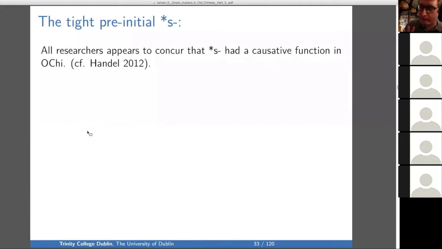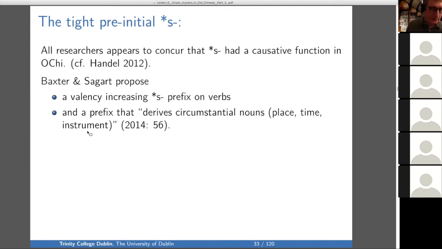now for morphological reasons. So all researchers appear to concur that S had a causative function in Old Chinese. I think I sent out this Handel article, but I certainly can if I didn't. And then Baxter and Sagart propose this causative function, valence increasing on verbs.